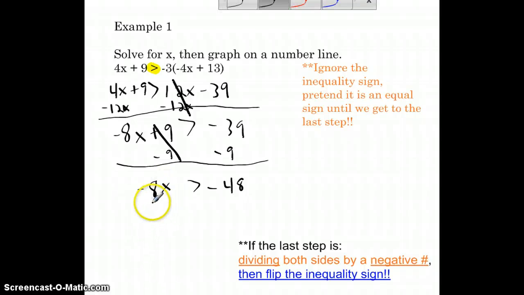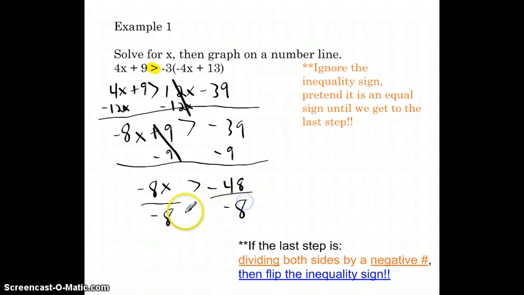So if you look here, what's going to happen? To get this x alone, we have to divide both sides by negative 8. Over here, negative 8 over negative 8, well, it's positive 1x. So that's x. On the right-hand side, negative 48 divided by negative 8 is just going to be positive 6. But when we look into this rule, we divided both sides by negative 8. So we have to take this inequality right here and reverse it.